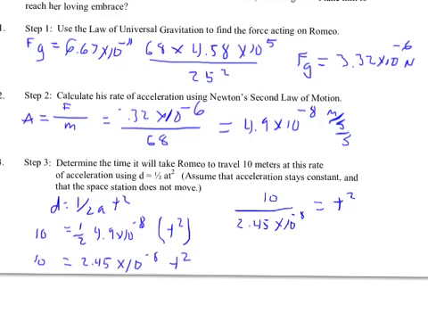But I don't want to know what t squared is, I want to know what t is, so what I'm going to do is take the square root of both sides. Take the square root of this side, I'm going to take the square root of this side. And therefore I'll know what t is. T equals 20,200 seconds.